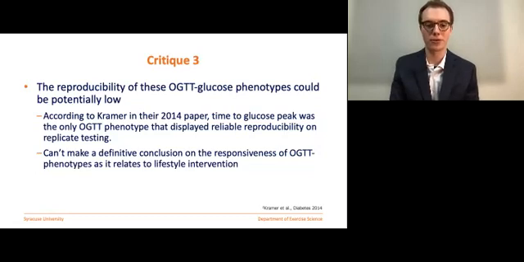This means that 1 hour glucose and glucose response curve had poor reproducibility, which should limit their utility. Hence, it's difficult to make a definitive conclusion on the responsiveness of the OGTT phenotypes as it relates to lifestyle intervention in the present study, as only one test was performed following the intervention. Thus, one suggestion would be to take multiple OGTT tests and average these phenotypes to ensure a more accurate representation of the data.